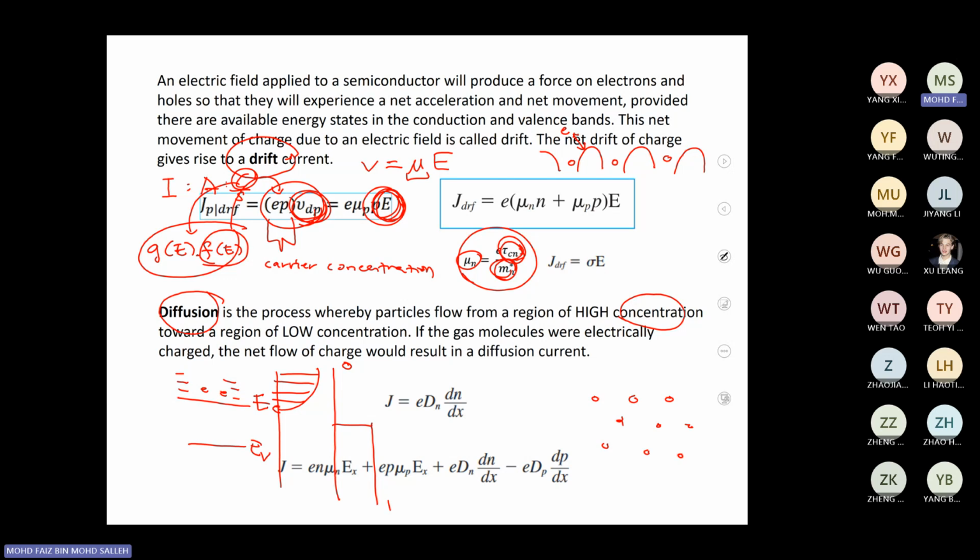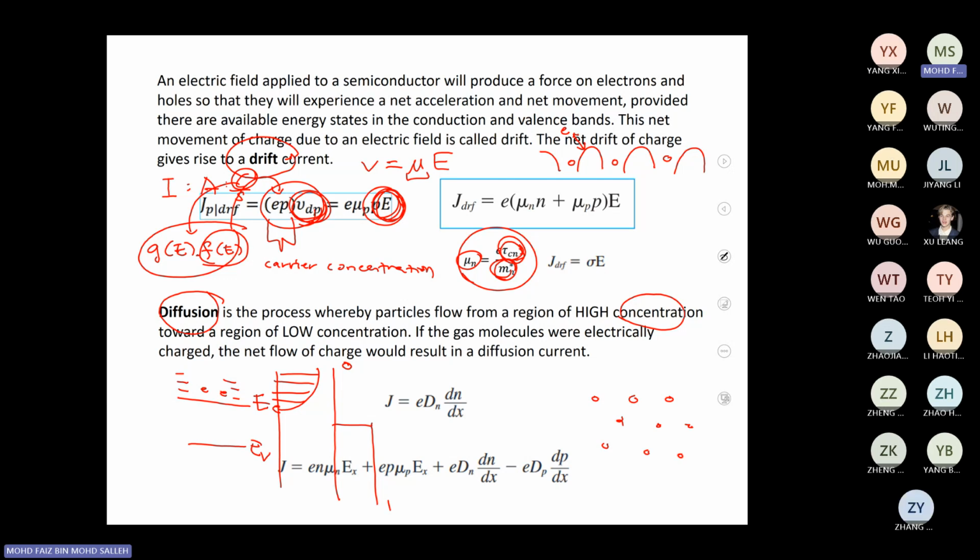If you put in phosphorus, phosphorus has 5 valence electrons. If you put one in there, it means that there is 1 extra electron. That extra electron will become free. When it loses 1 electron, the phosphorus atom becomes what? An ion, right? It becomes charged.